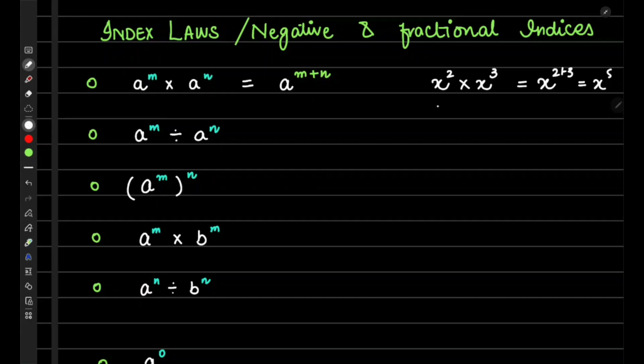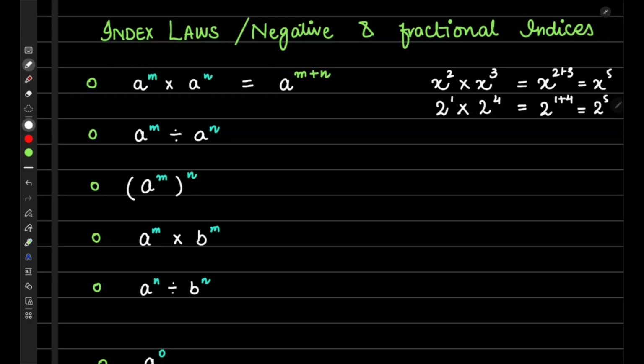Then for example, you can have the base also as a number. If you have 2 to the power 1 multiplied by 2 to the power 4, then again the base is the same, you will write it once and you will add the powers as 2 to the power 1 plus 4, that is 2 to the power 5.